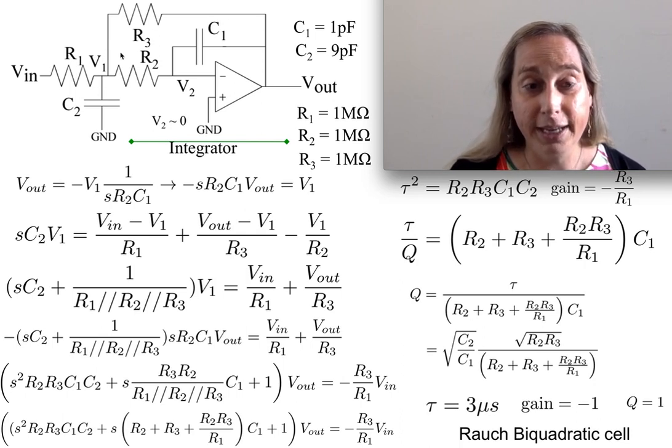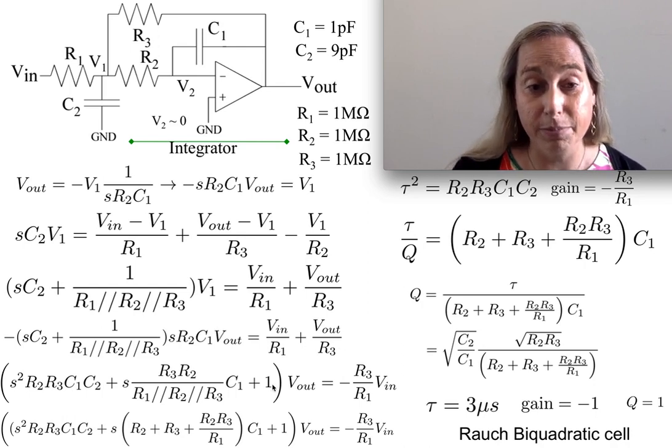Well, certainly I could write KCL at that node, which would give me this particular expression. And then with a couple layers of math, I can group all the V1 terms together, get the V in and V out term. Knowing V1 is related to the integration structure, I plug that in, then bring V out to the other side and start grouping things.